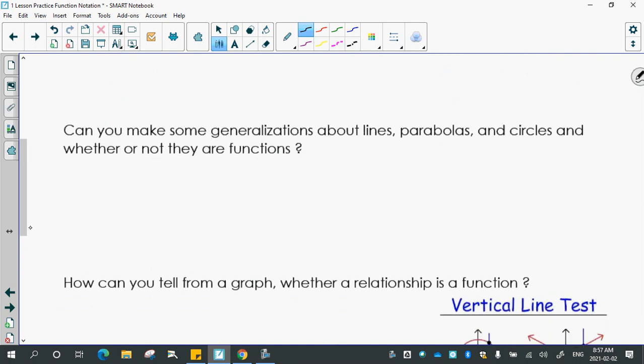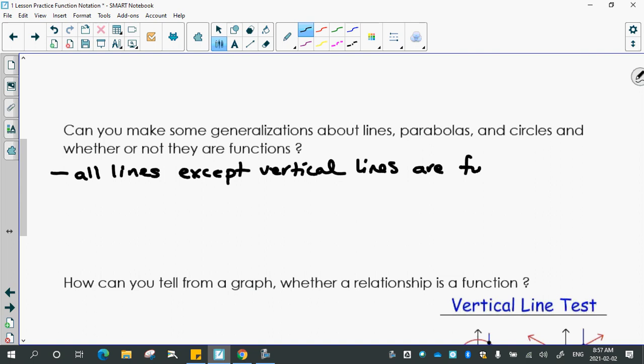Can you make some generalizations about lines, parabolas, and circles and whether or not they're functions? So we know all lines except vertical lines are functions. All parabolas that open up or down are functions.